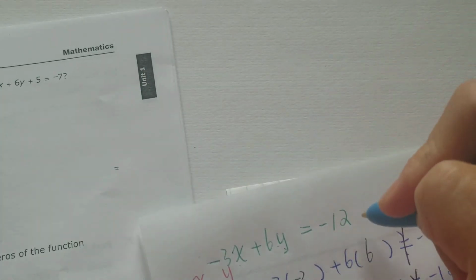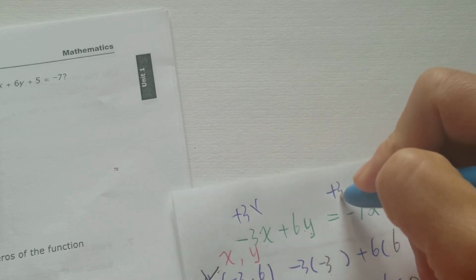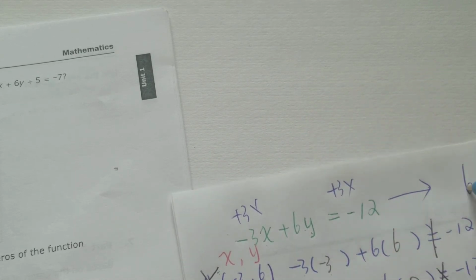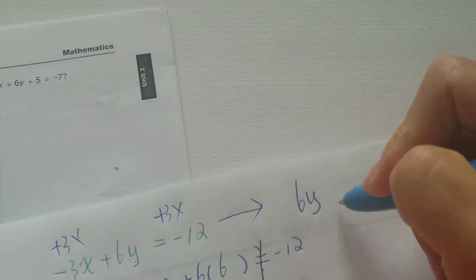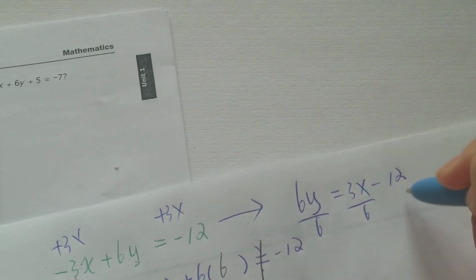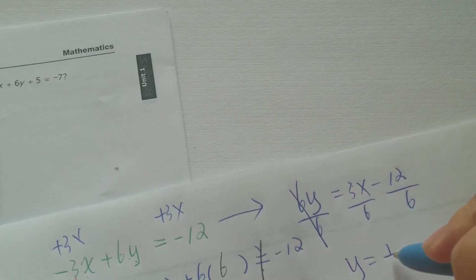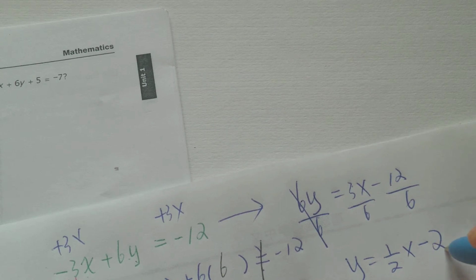So, by adding 3x to both sides, I rewrite it as 6y equals 3x minus 12. Divided by 6 on both sides, I have y equals, simplified, 1/2 x minus 2.